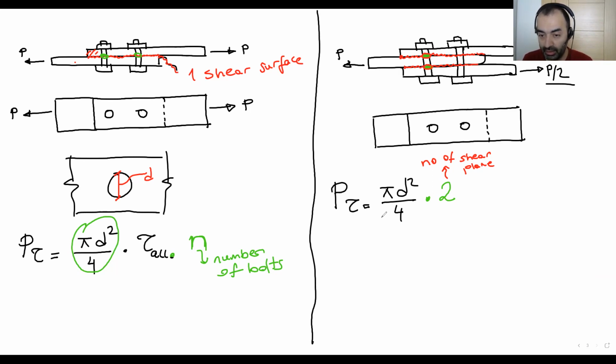That's why this is the one surface area times 2, which represents the number of shear planes, times the allowable stress. The allowable stress is coming from the question, or we know it because we are going to use a bolt, and then we use it, times the number of bolts.